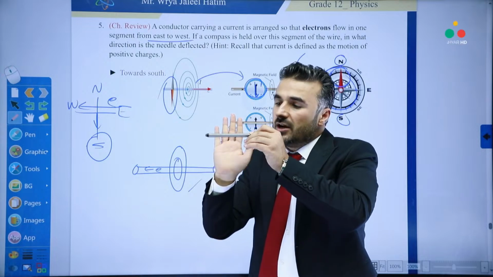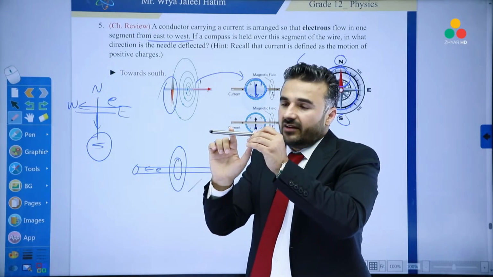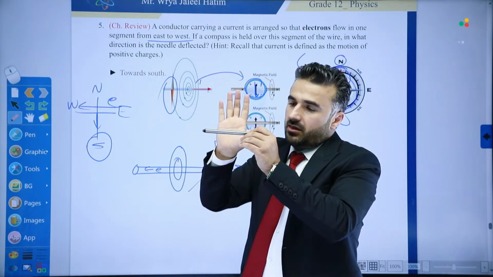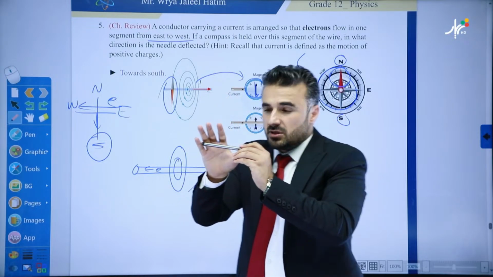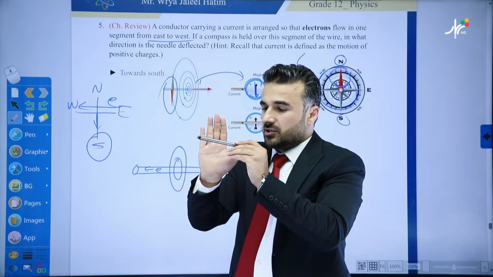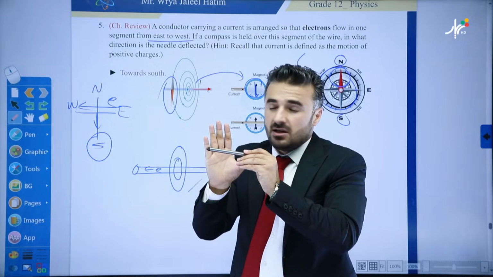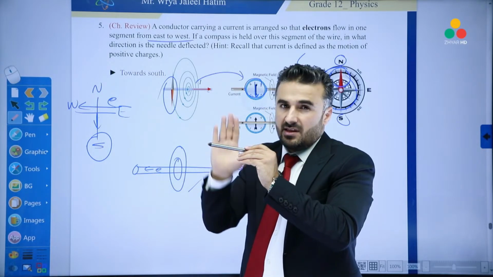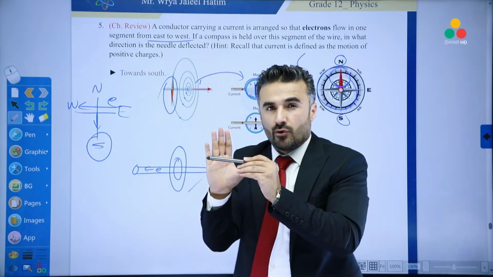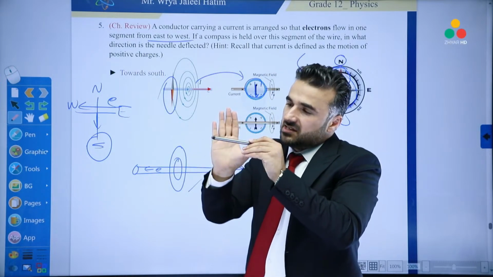If I want to find the direction of the magnetic field here, your thumb must be in the direction of the current so that you get the correct direction. So at a point behind the wire, in this case it is going to be upward, pointing north.